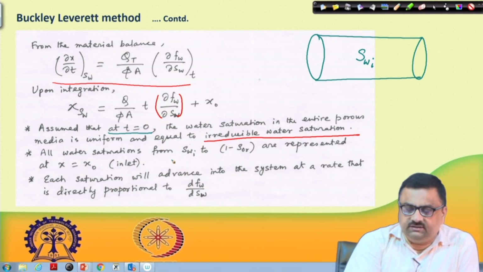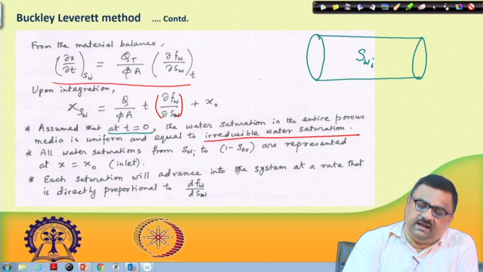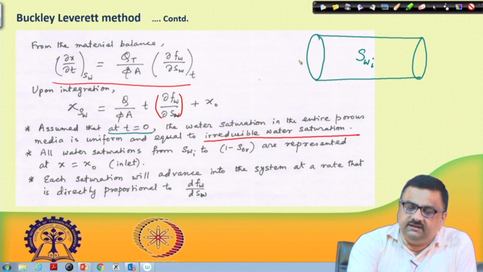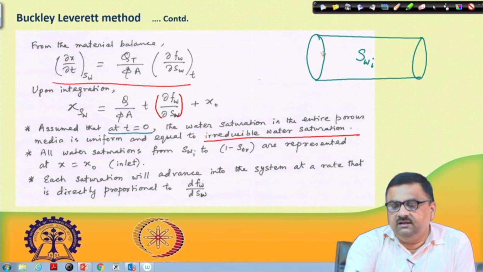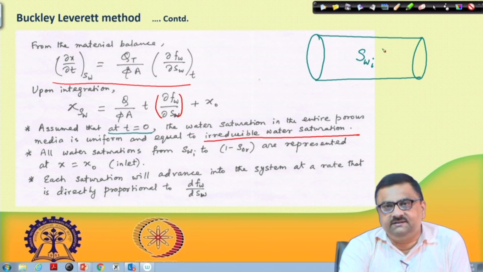All water saturations from SWI to 1 minus SOR are represented at x equal to x0. So, we are assuming as if I have some packets. Now we started injecting water. When I started injecting the wetting phase from this side, primarily 90% of the void space is non-wetting phase and 10% is wetting phase.